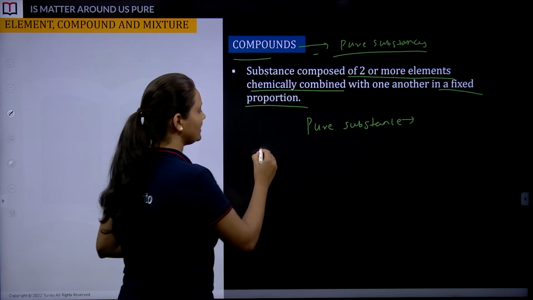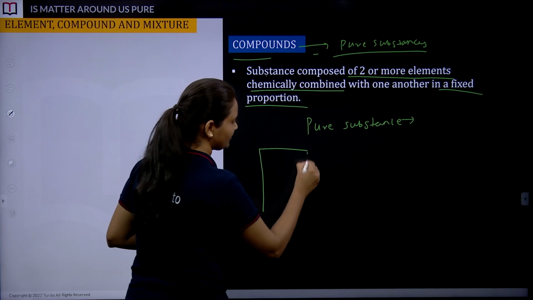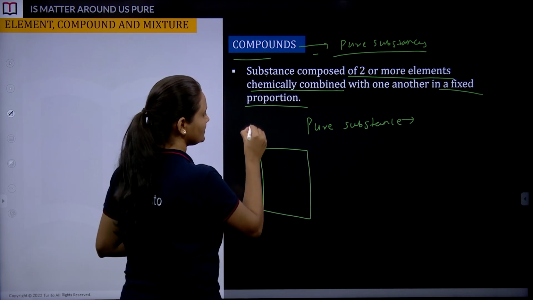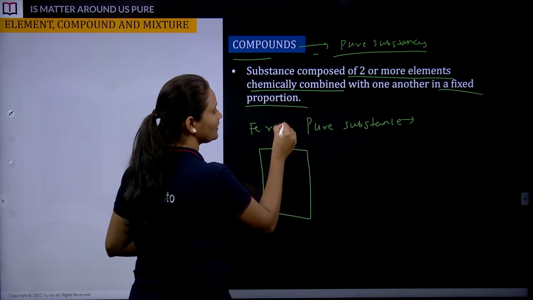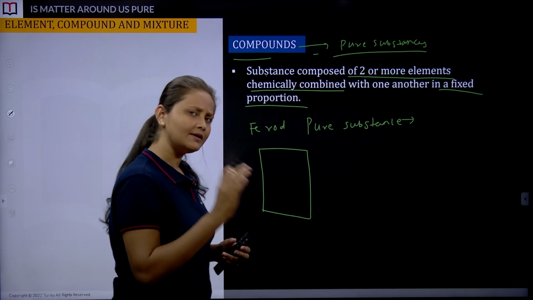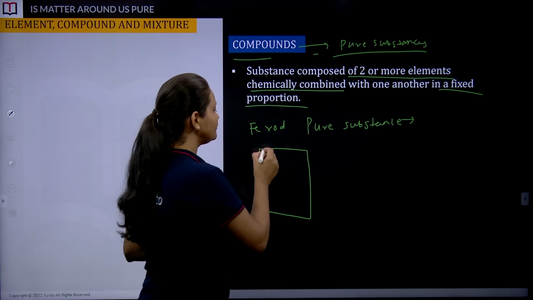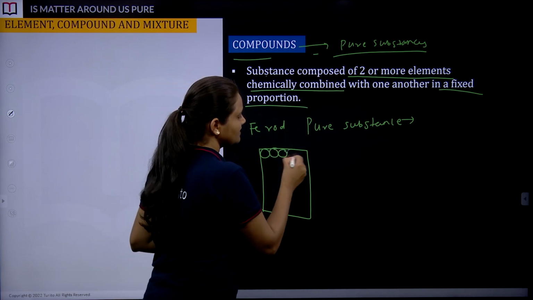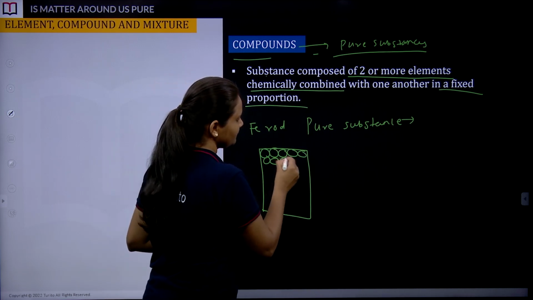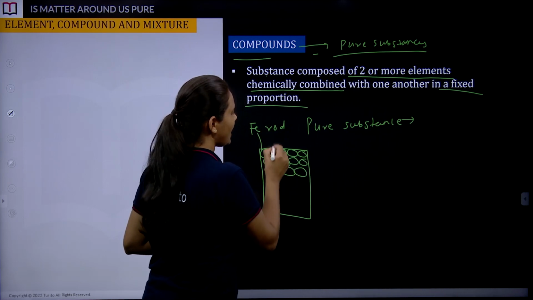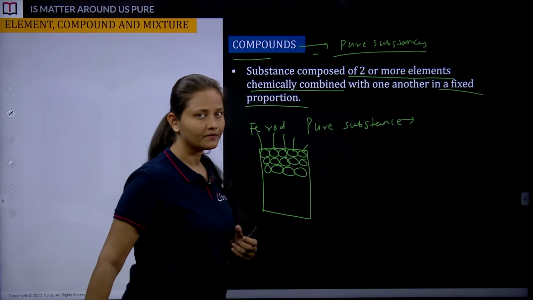I hope you all remember the example I gave you. Suppose this is your iron rod. We are going to stick with the same example just to recall whatever we have covered. This iron rod has atoms, right? These are all atoms made up of iron.